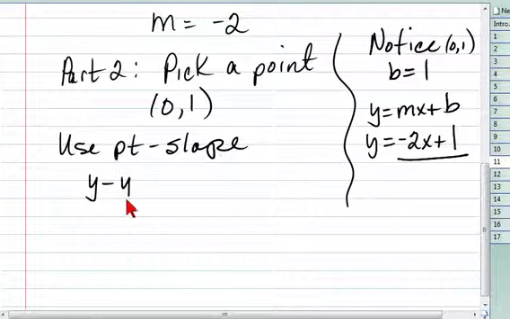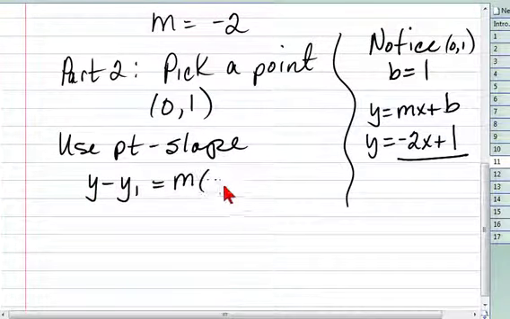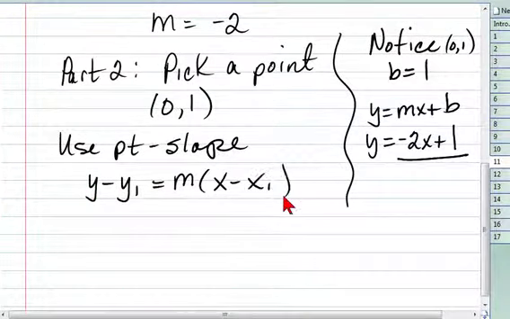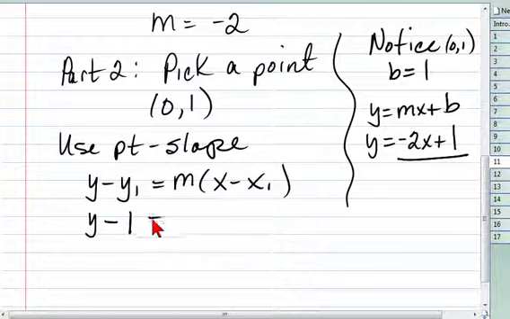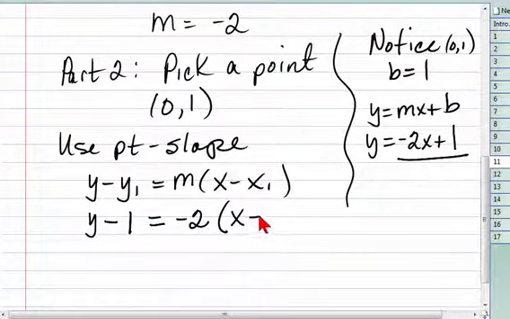Y minus y1 equals m times x minus x1. The point we picked was 0, 1. So it's y minus 1 equals slope value negative 2 times x minus 0.